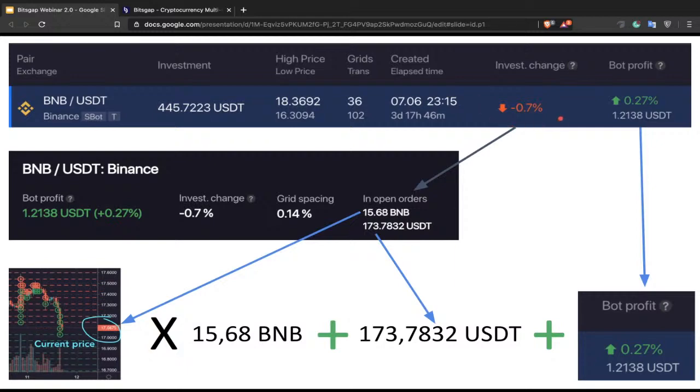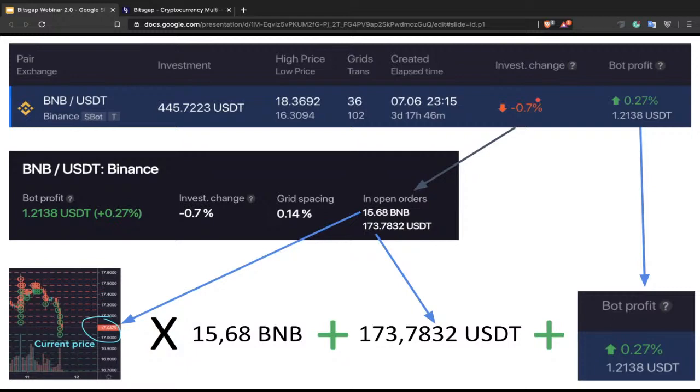But the investment change can vary. In a falling market, of course, your investment change is going to be affected by the price depreciation, but the bot profit will offset this investment change to make it a bit more positive.